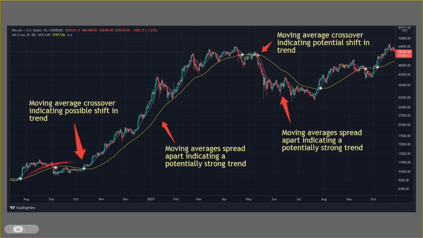So here, each one of these crosses, this is from 2020 into late 2021, we see a moving average crossover where this shorter term moving average, the pink line, will either move above, representing an uptrend or a possible shift in the trend, right? Here we see the pink line was below.